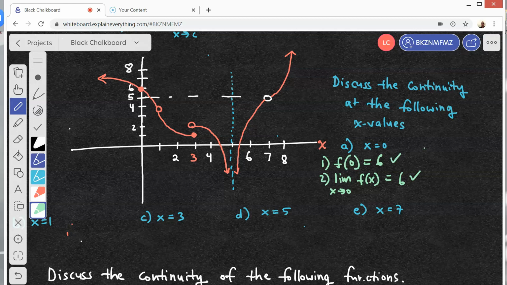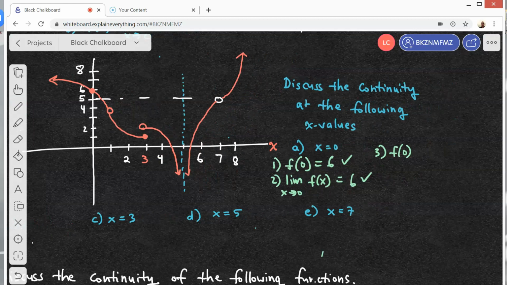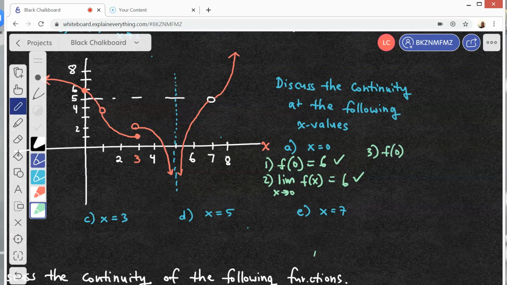The third question we ask ourselves when we're looking at continuity is, does the function value, in this case f of 0, equal the limit as x approaches 0 of f of x? And the answer is yeah, 6 is the function value at 0, and that's the same as the limit. Therefore, f is continuous.